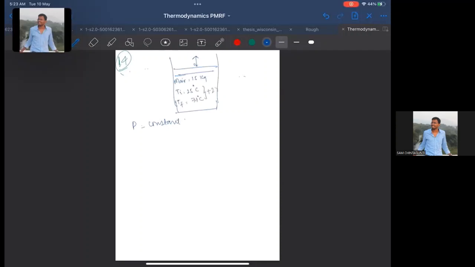And the pressure is constant, equal to 300 kilopascal. Determine the electric energy supplied, and heat loss Q is equal to minus 60 kilojoules.